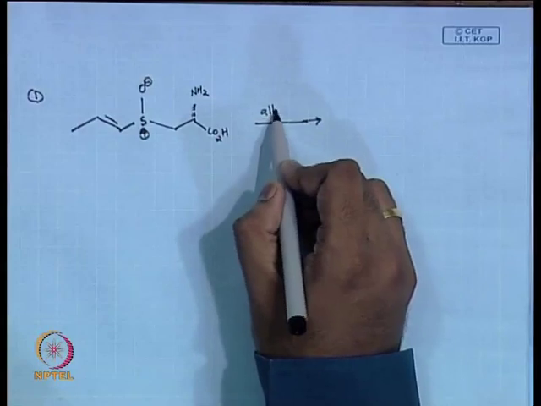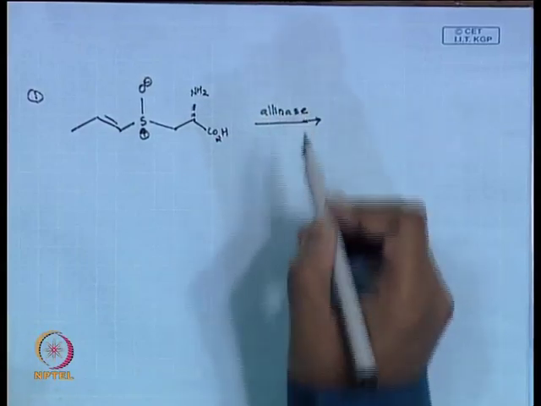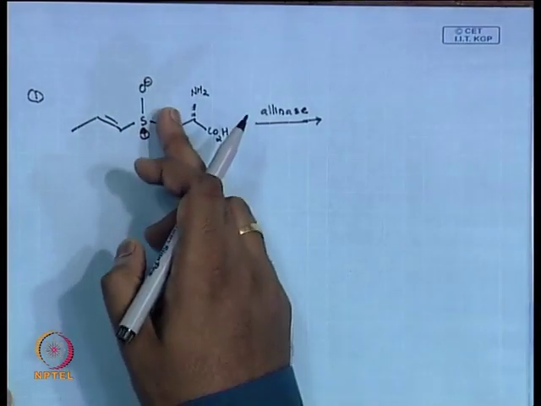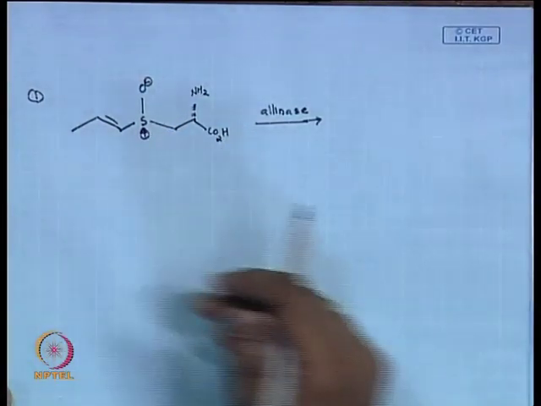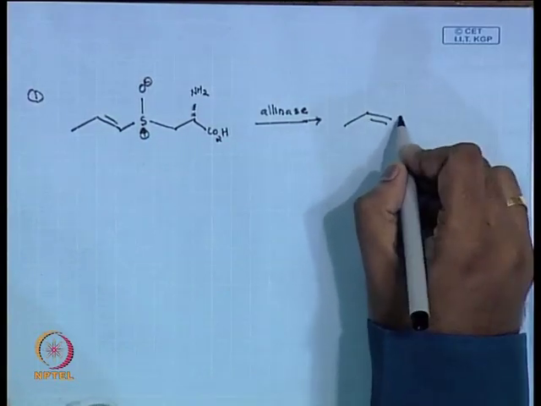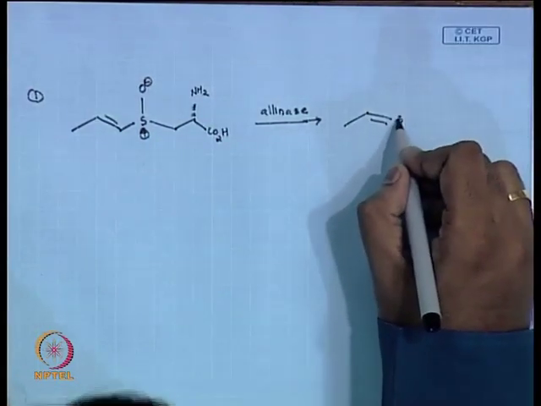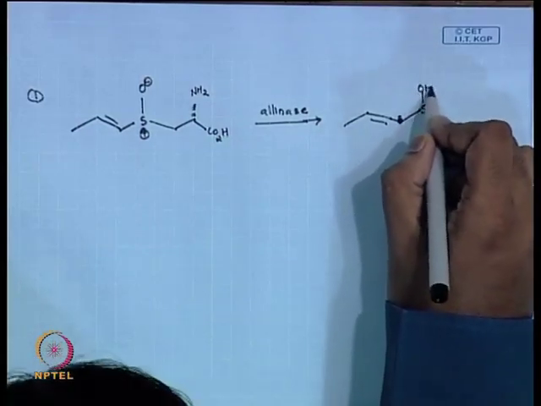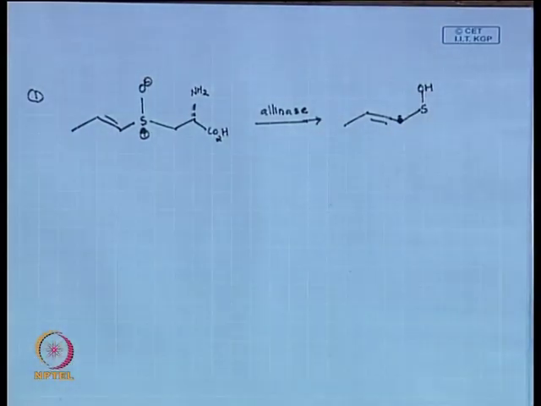There is an enzyme called alliinase, which just cleaves this bond, fine, to give you this. And what is the beauty of sulfur?